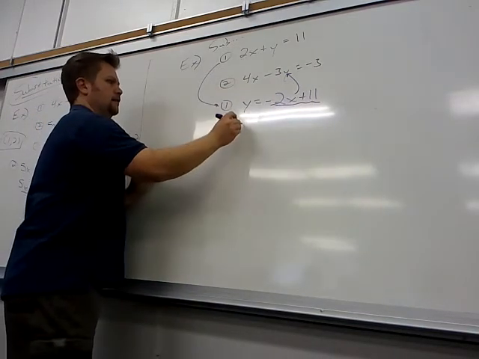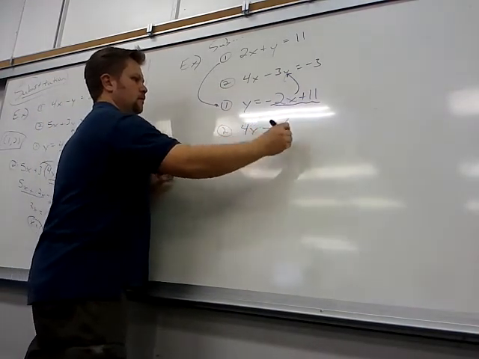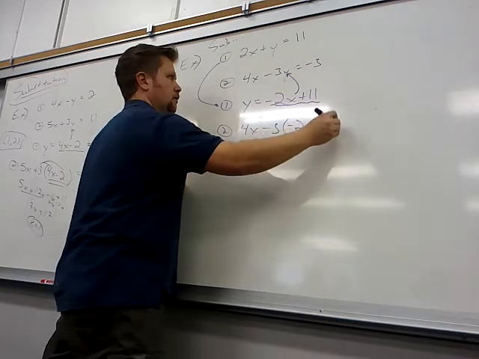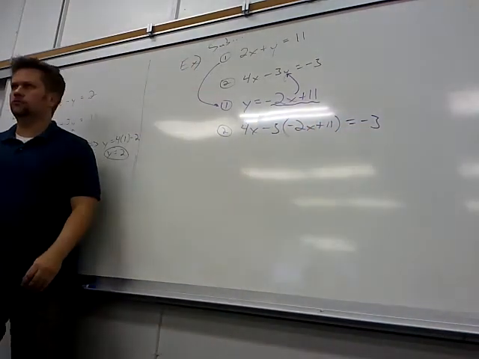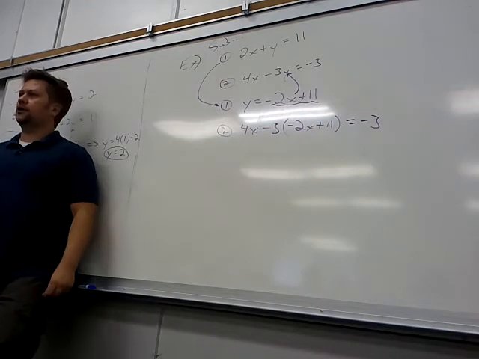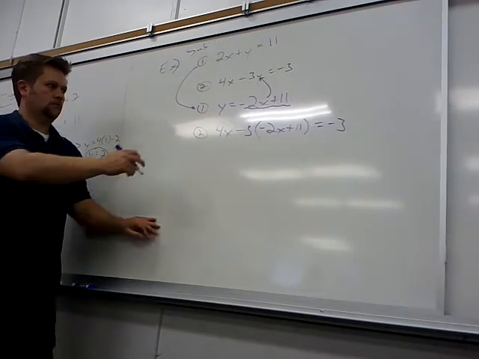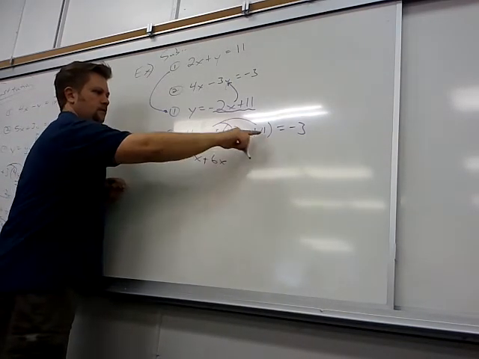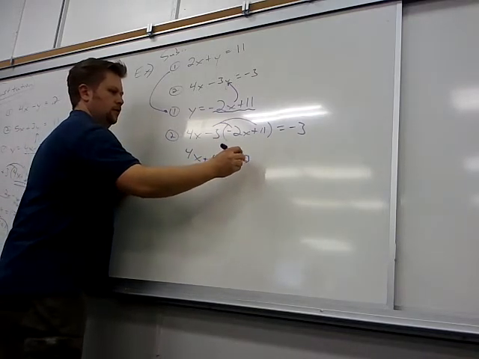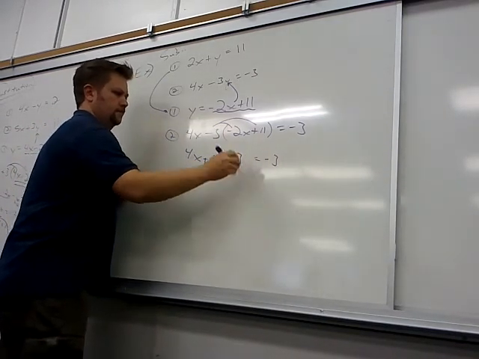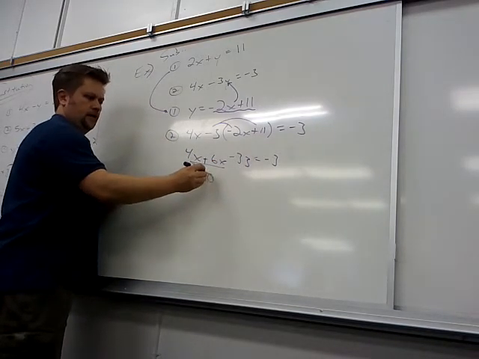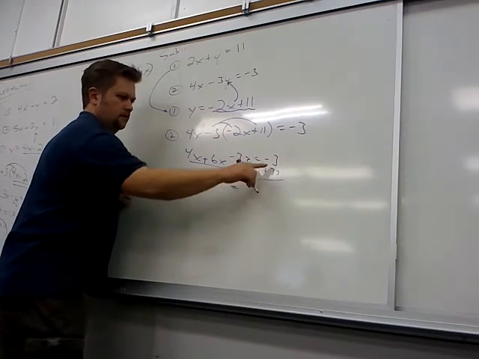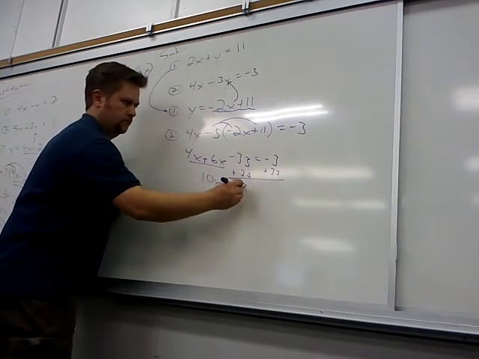So the number 2 I can write as 4x minus 3 times negative 2x plus 11 equals negative 3. Cool. And now just solve that like back in chapter 2. So 4x plus 6x minus 33 equals negative 3. 10x, I can add the 33 and I get 10x equals 30.